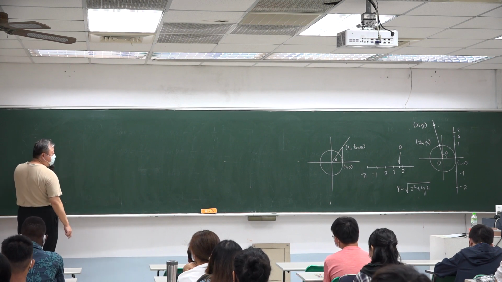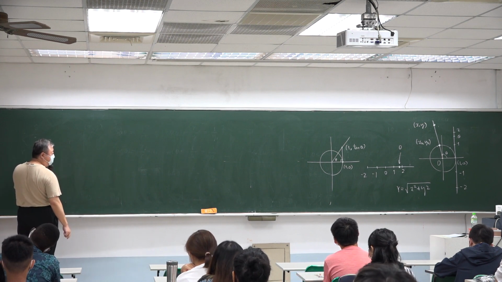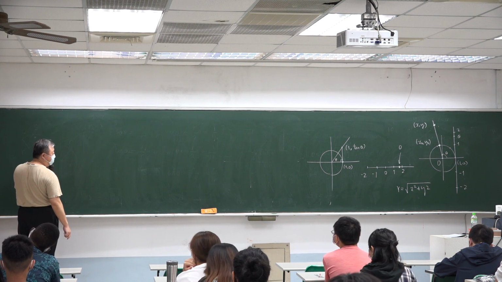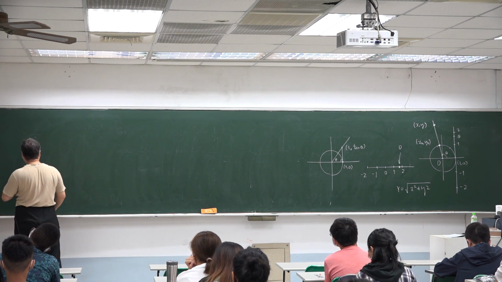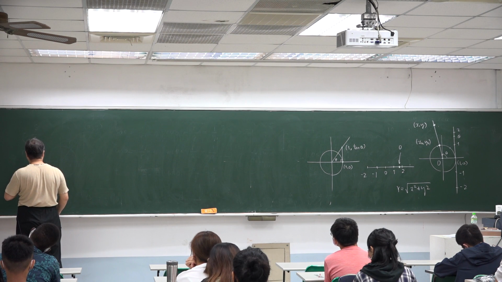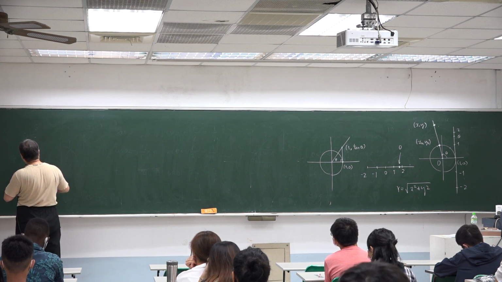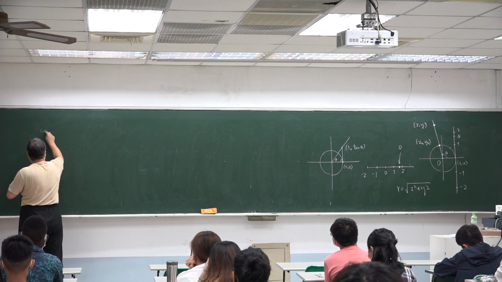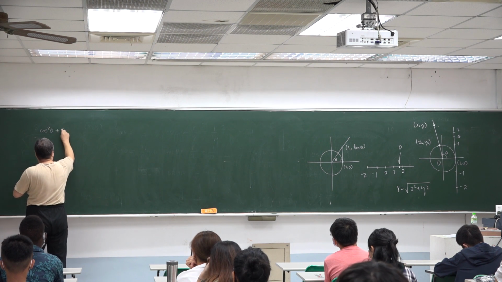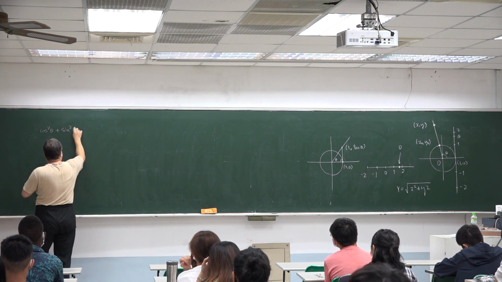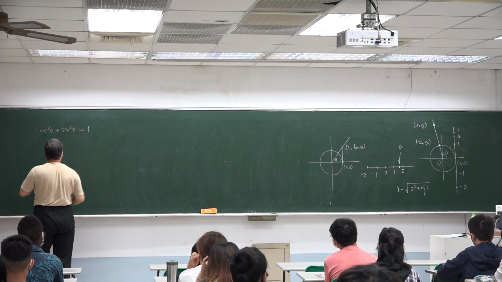Some basic identities have to be reviewed. First one is, for any number theta, cosine squared theta plus sine squared theta equals 1.